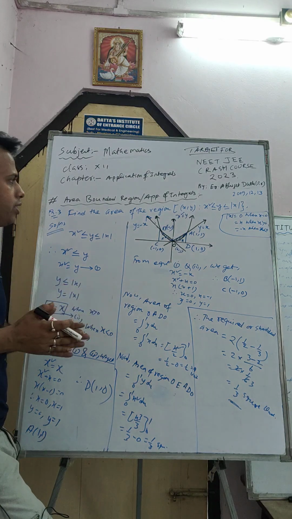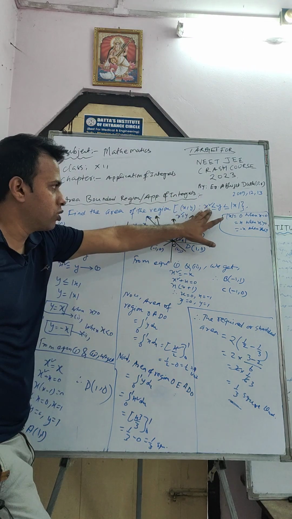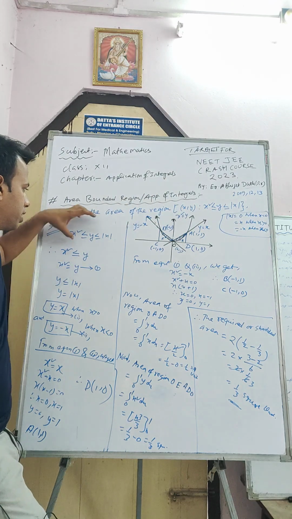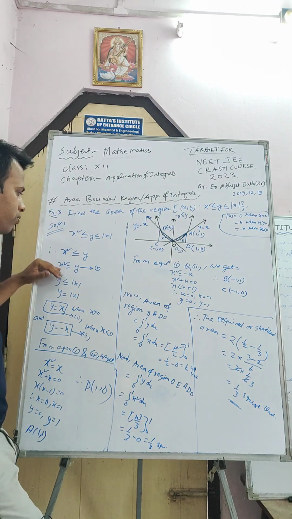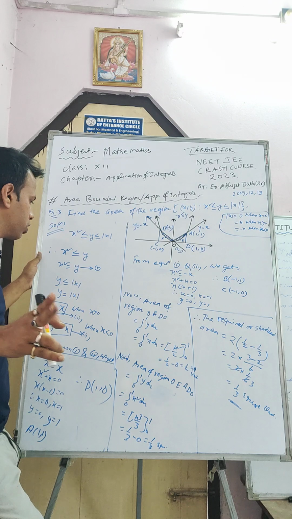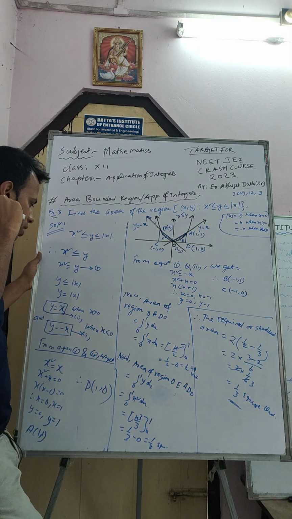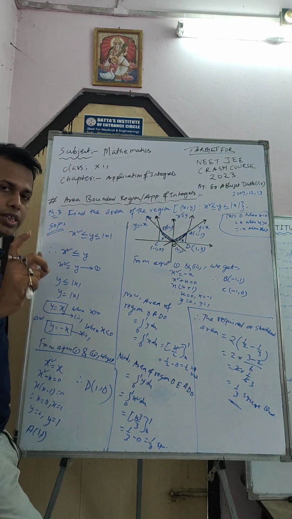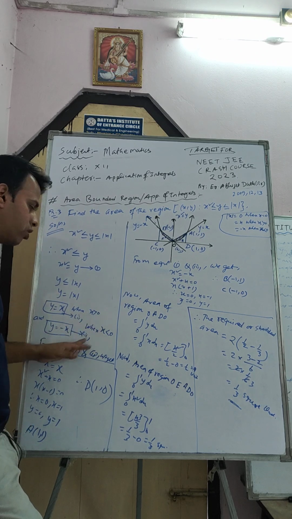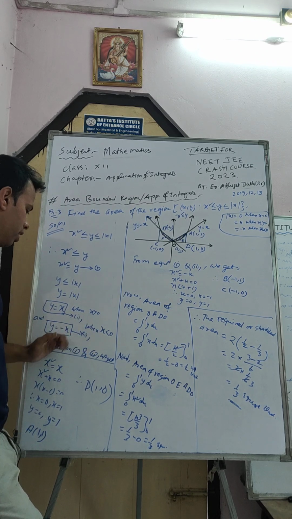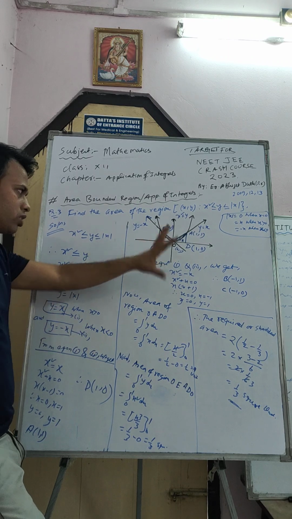Let me explain in short again. Suppose there are two curves. I write the equations: x square equal to y, one parabola, and y equal to mod x, a straight line, but there are two straight lines from the definition of mod x. After that I simply draw these equations.